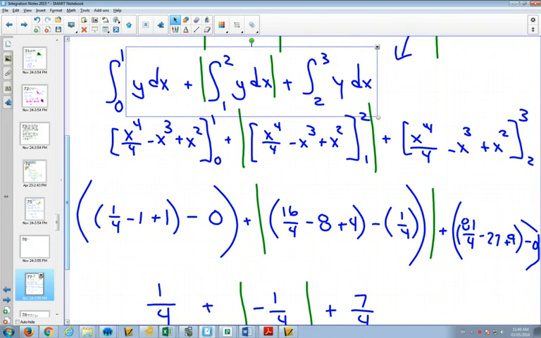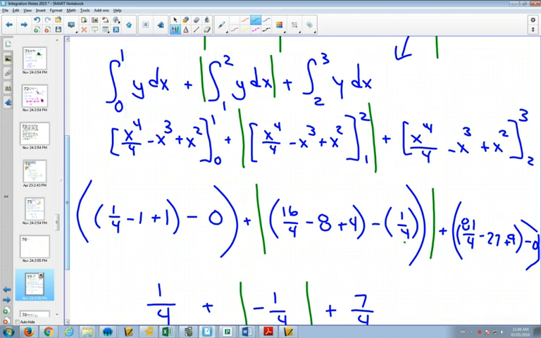So again, plugging in values, you'll notice that a lot of the numbers end up being the same. In fact, when I plug in 1 in the first one, I'm going to get 1/4 minus 1 plus 1, and plugging in 0, I get 0. This first set of brackets is 1/4. Can you see that you get to use that again right there?